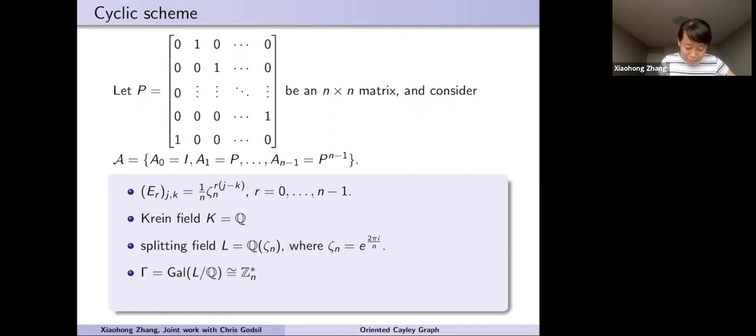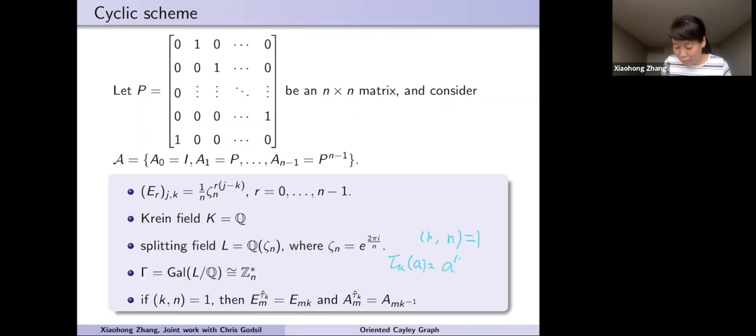For this, the Galois group of L, the splitting field over the rational field Q, is isomorphic to the multiplicative group of Zn. So for each P that is coprime to N, the corresponding automorphism in this Galois group just maps an element to its P-th power.